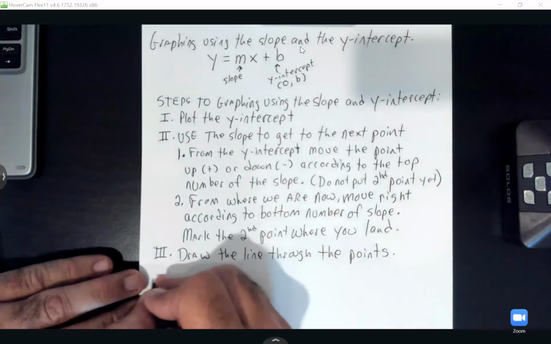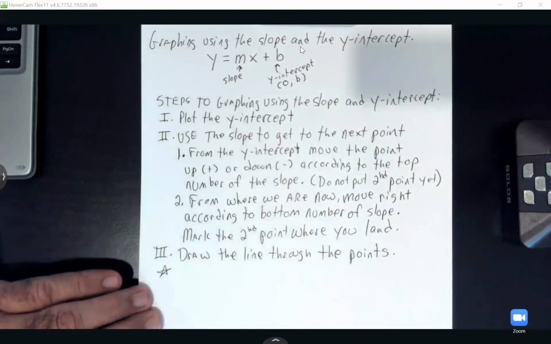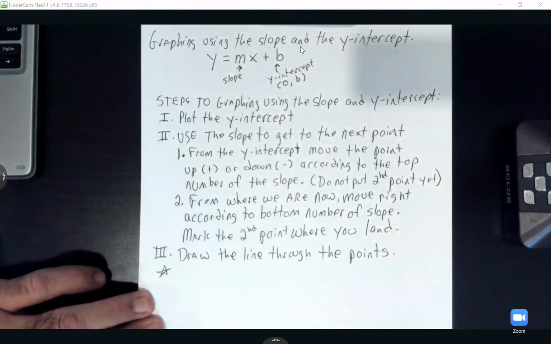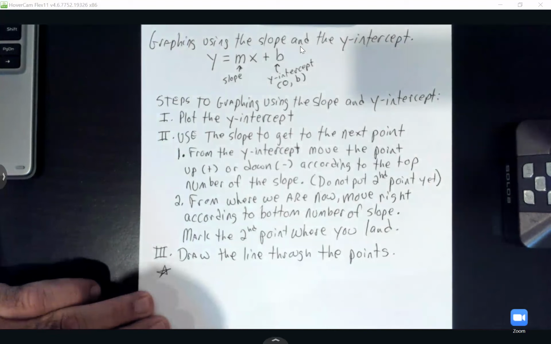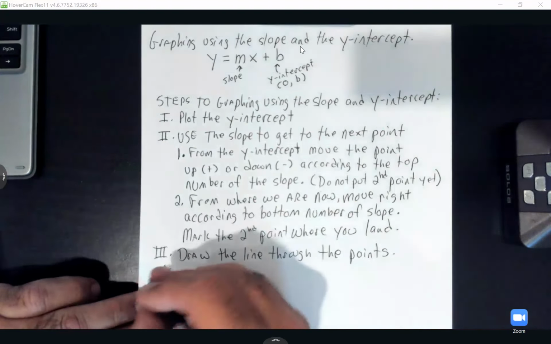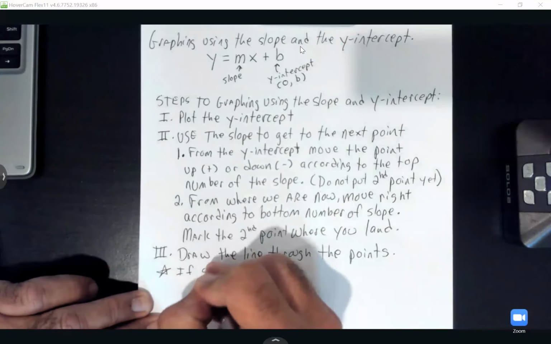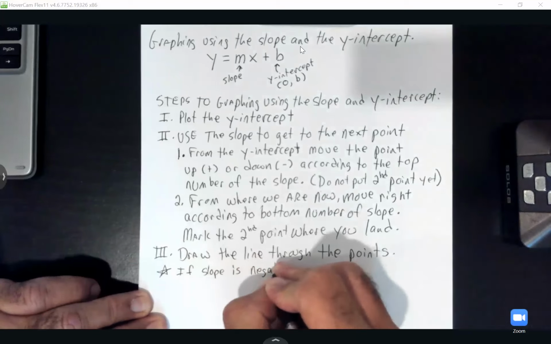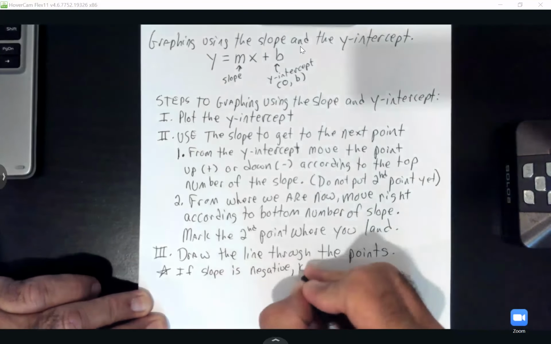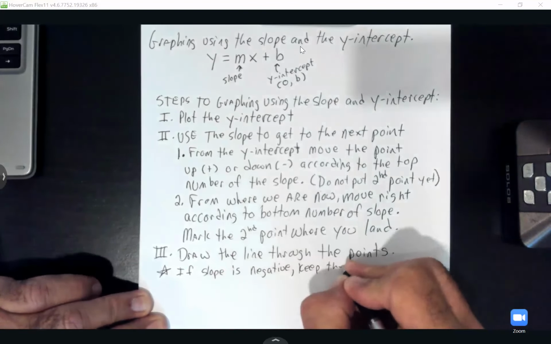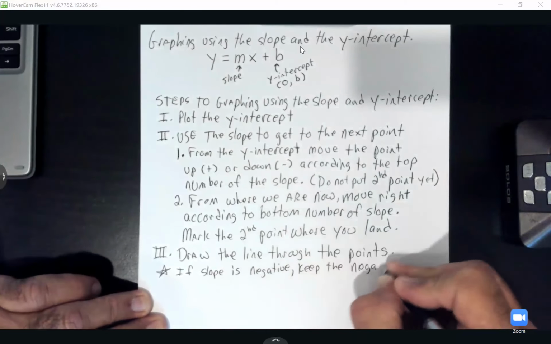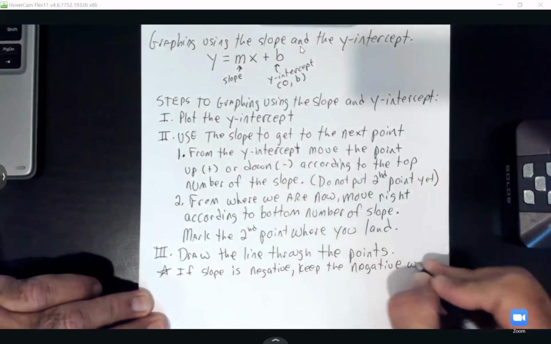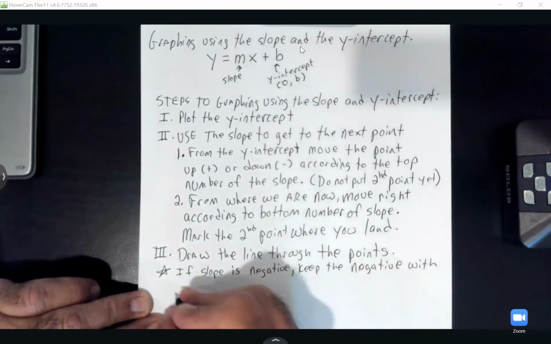Now, here's the thing. If your slope is negative, keep the negative with the top number.